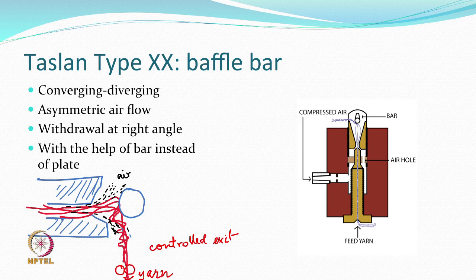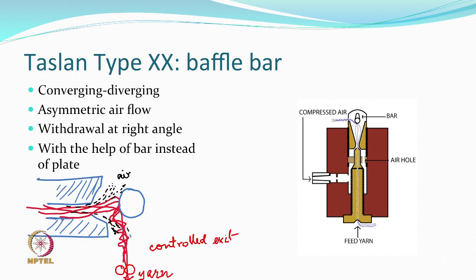At Taslan 20, instead of using a plate at the exit, they had a bar, so the excess air, which is not really doing much, can go out. The filament can strike and obviously is being pulled down. So, it will come down, and it works out.